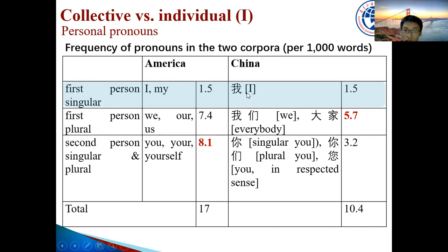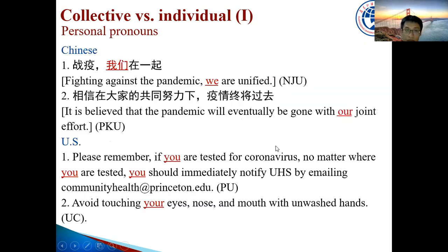While the Chinese one is more likely to adopt the first person plural in its pronoun usage, like we and everybody, addressing the audience and the producer as a collective entity.